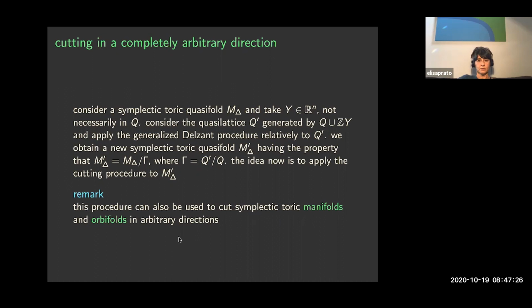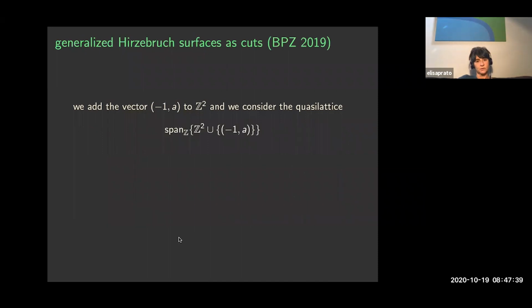And this is what one does also to cut manifolds and orbifolds in arbitrary directions. So the idea for the Hirzebruch generalization is that we add the vector -1a to Z2.